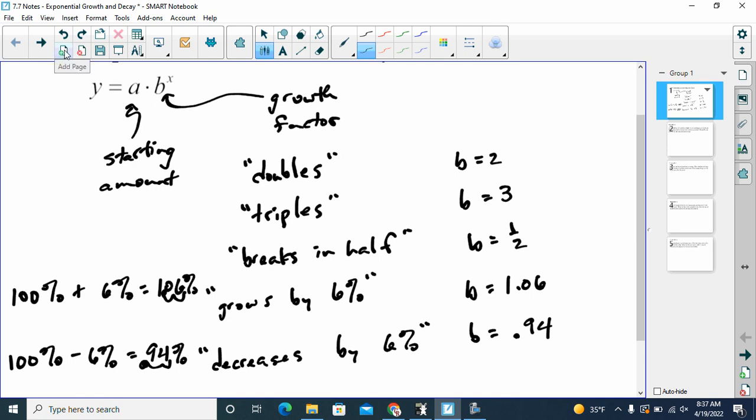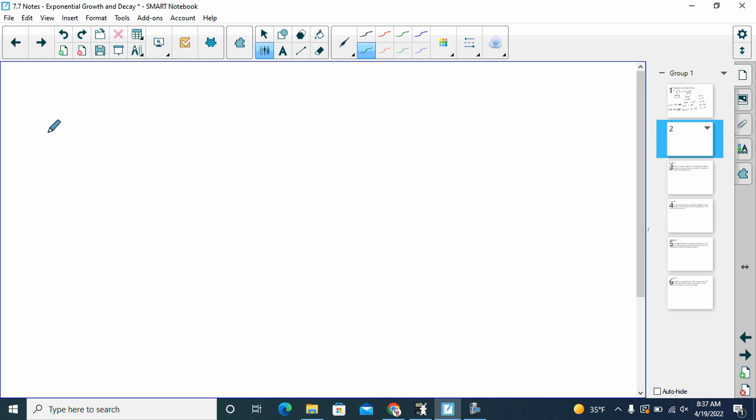Before we jump into the story problems, I want you to decide, if the story problem says this over here, what is the b value equal to over here? So the first one, let's suppose it says that it multiplies by a factor of 4.